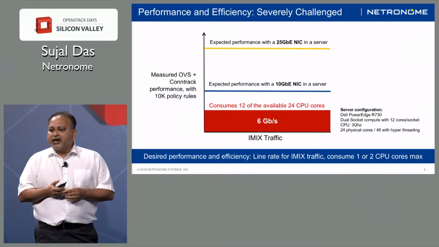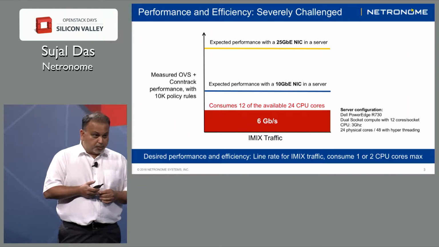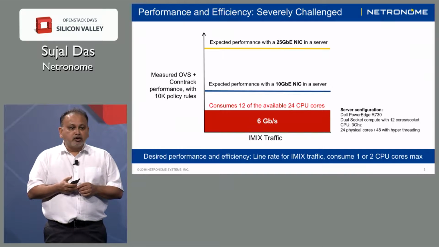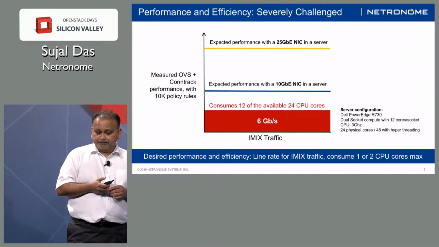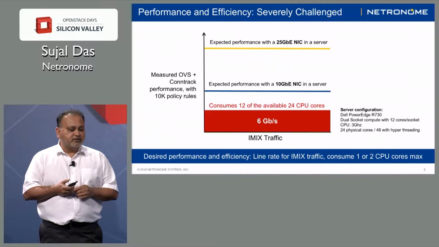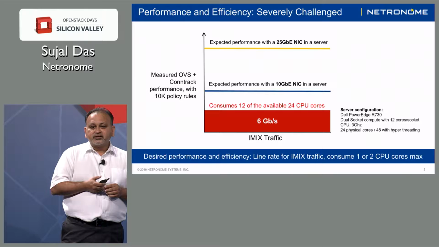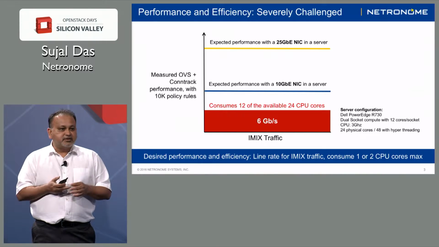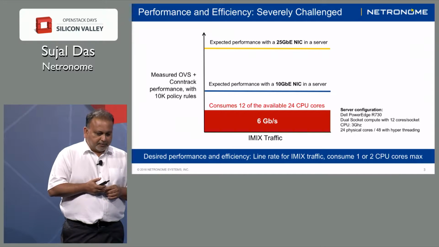And we used OpenStack security groups to provision 10,000 security policy rules into the OVS connection tracking data path. What you can see on this chart is that the performance one can achieve is only 6 gigabits per second, which is far lower than the line rate performance you'd expect in a server configured the way I just described.